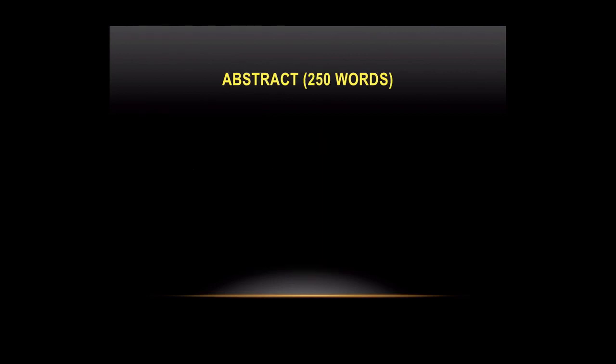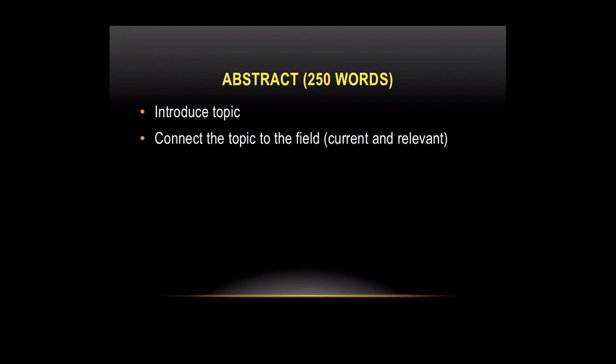When preparing your proposal, I would suggest starting with your abstract. That is the real substance of your proposal, and the summary and the title are easier to do after you have the abstract written. Remember, it's no more than 250 words. Your abstract should introduce your topic, connect the topic to the field, and this should be both current and relevant.